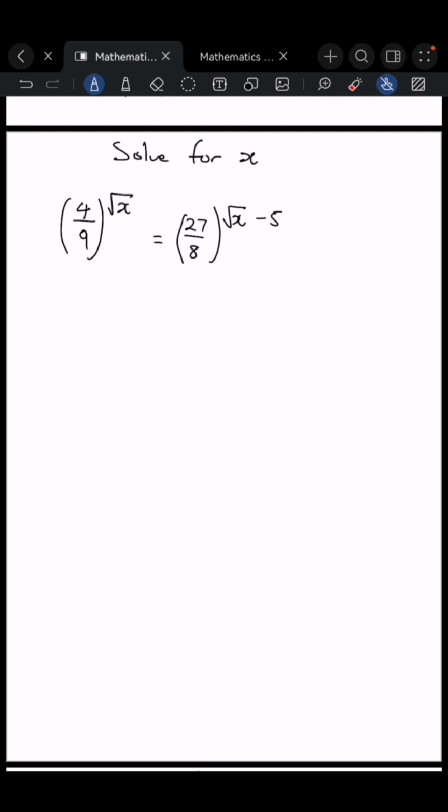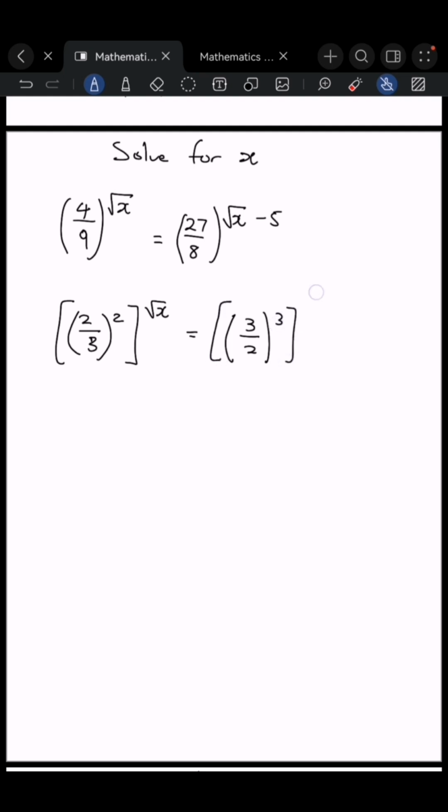Okay, so for x, we're going to have 2 over 3 squared, all of this raised to the square root of x, should be equal to 3 over 2 cubed, all of this raised to the power of the square root of x minus 5.